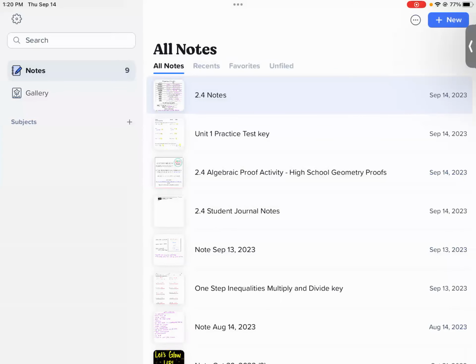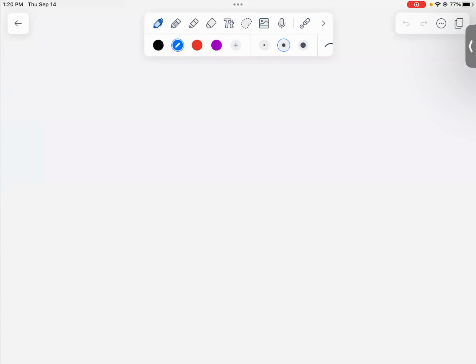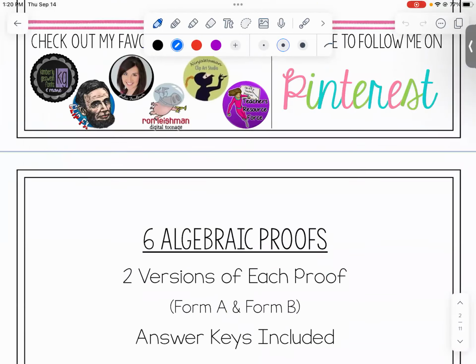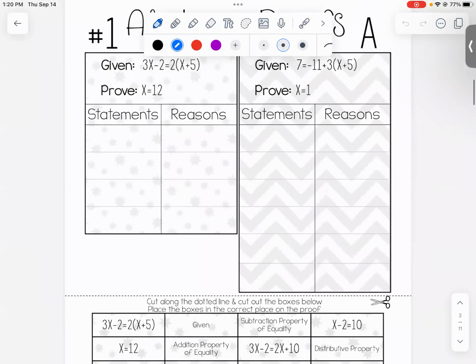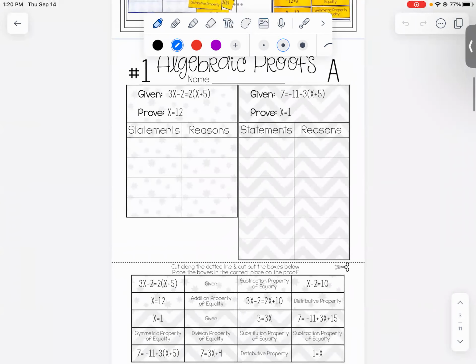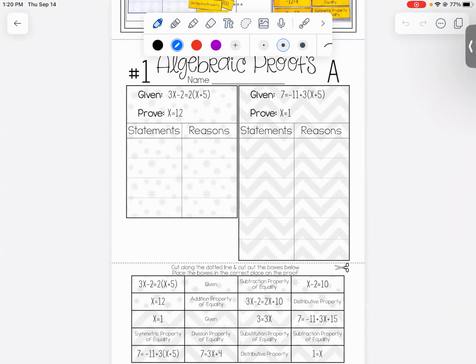We have to put this, the given one. Okay, so statements would be... Isn't this the given? Okay, what's the parentheses property?